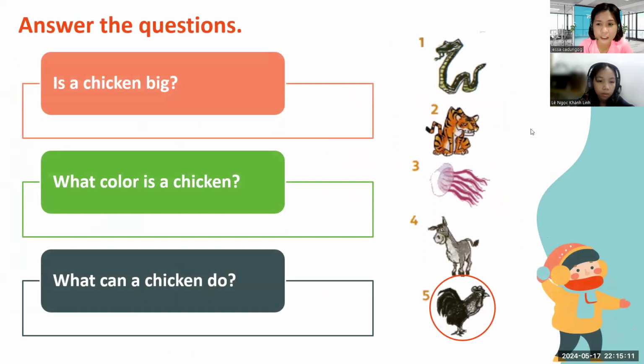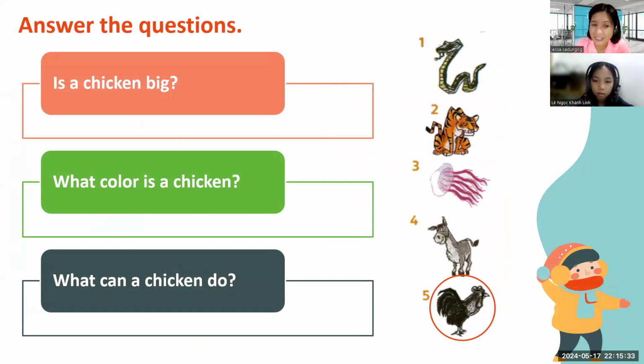Now look at here, Lynn. Look at the chicken. Is the chicken big? Is it big or not? No. Okay. What color is the chicken in the picture?